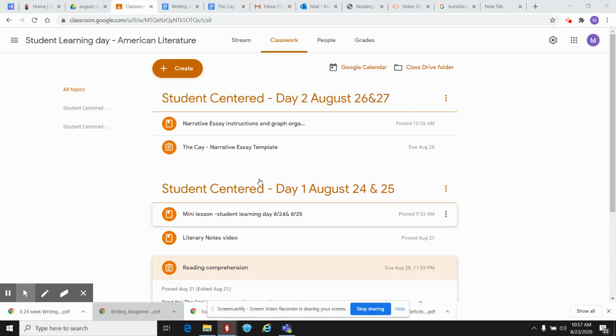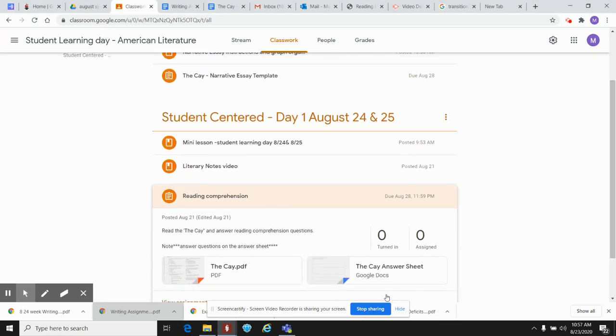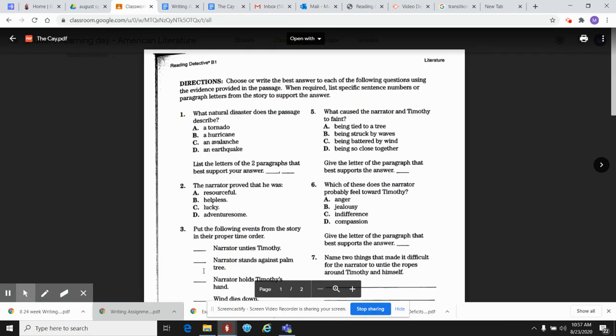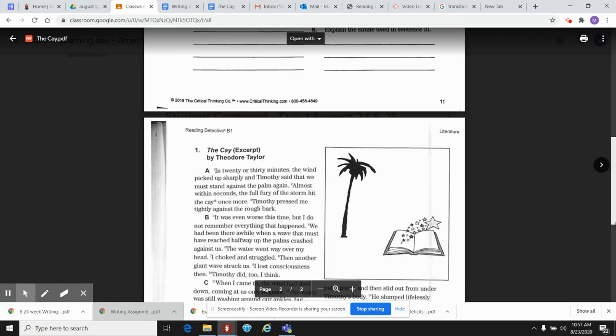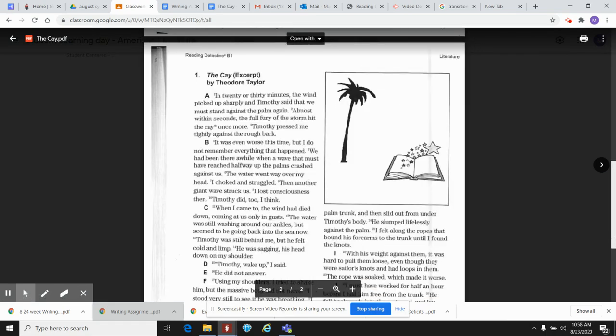So, right now, what you're going to be doing is on your first day, you read the K. You read about the story by Theodore Taylor, which is an excerpt, part of a book about a small part of what happened with some characters on an island when a natural disaster came and how they were trying to save themselves.